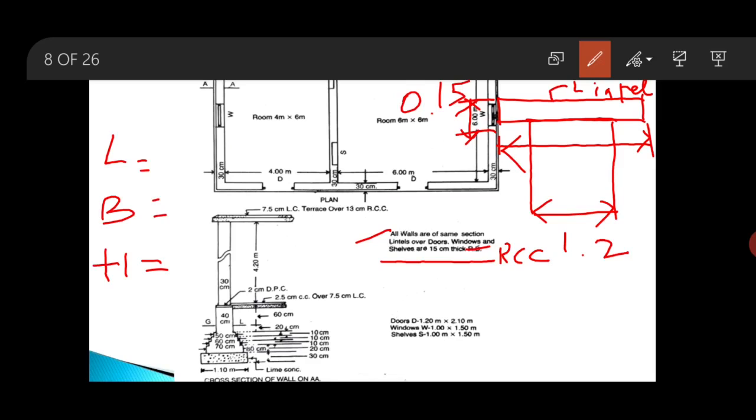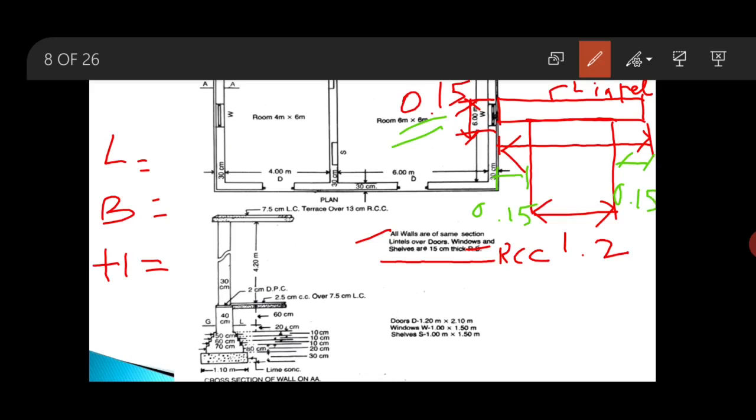So, what is the length of this lintel? This lintel has some bearing over the opening. This portion is known as your bearing. So, the dimension of this bearing is generally taken as equal to the thickness of the lintel. That means this bearing is also considered as 0.15 meter.